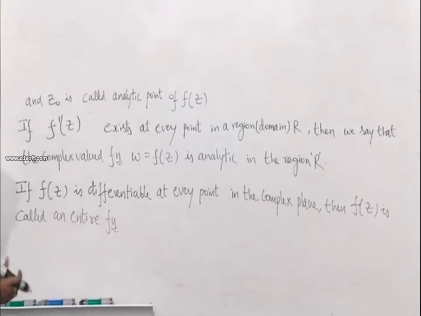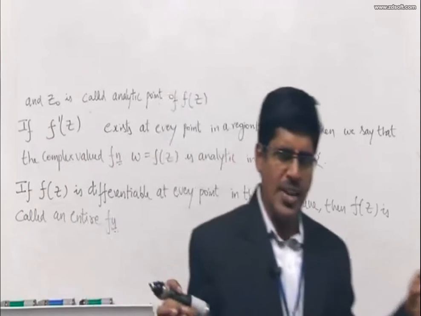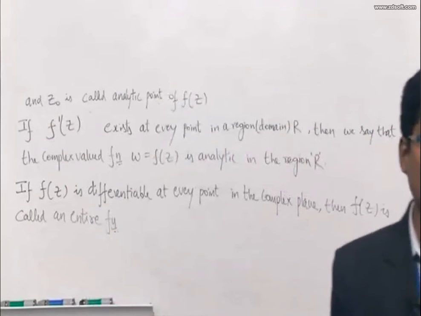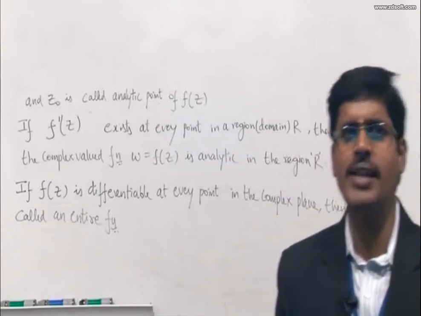Throughout the complex plane, at every complex number, f dash z exists. That is, f of z is differentiable at every point in the complex plane. Then such a function is called an entire function.